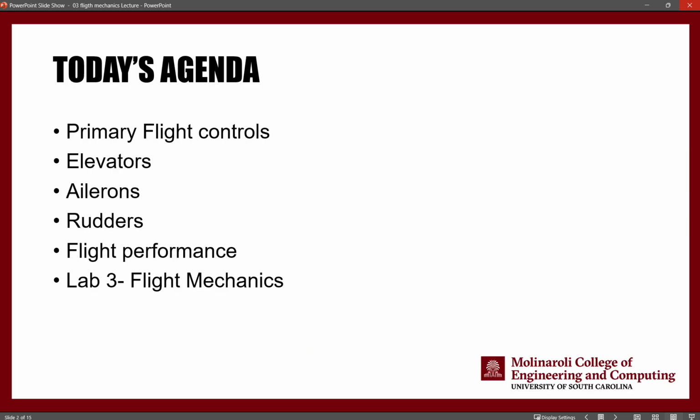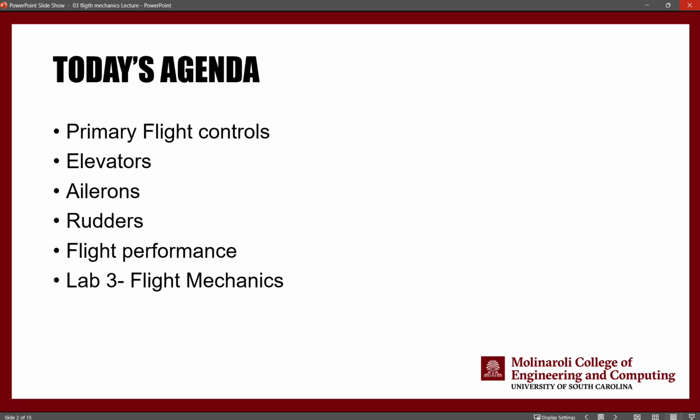Okay, so in today's lecture, we will talk about primary flight controls, which do include elevators, ailerons, and rudders, and we'll talk about the flight performance of an aircraft and essentially how to evaluate the flight performance of an aircraft.